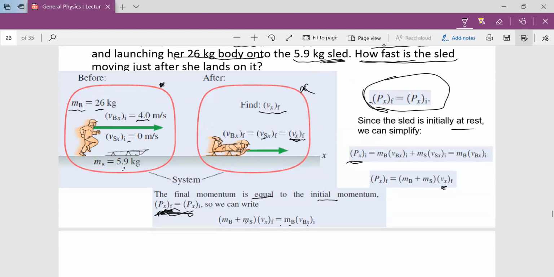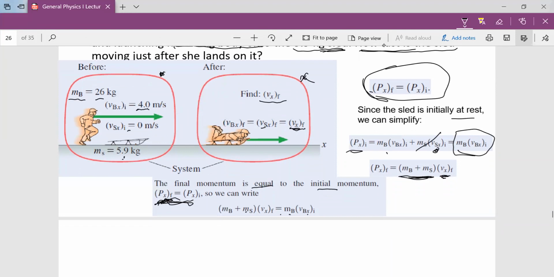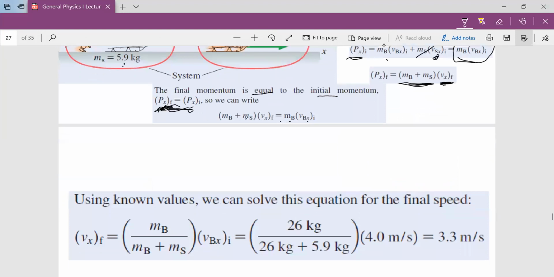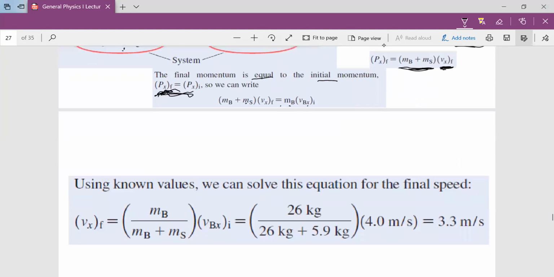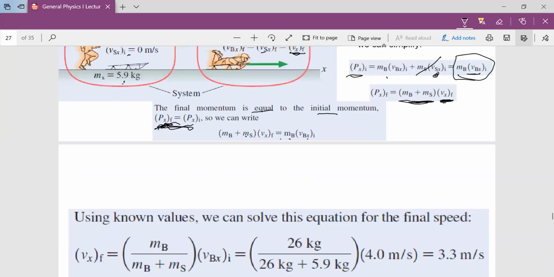This is 0, so it takes care of this, so this remains. And our final is when the two masses are moving at the same velocity. So if we make v the subject of the formula, this is our initial, this is our final. That's what we are doing here.